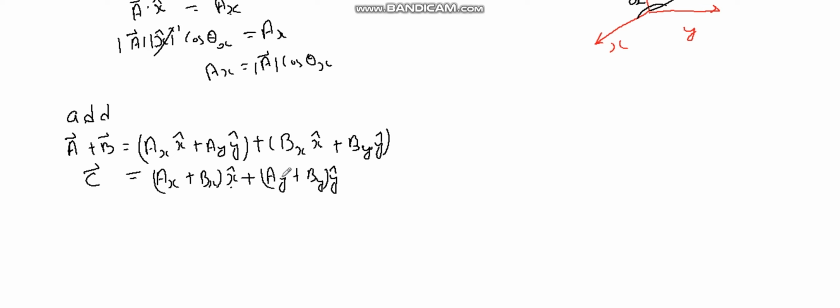In a similar way, we will do this with the y cap direction. If the z component also exists, then we can similarly add the z components of these two vectors and write z cap at the end. So this is the way we add two vectors if they are expanded in the component form.